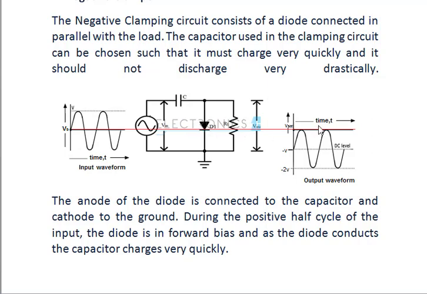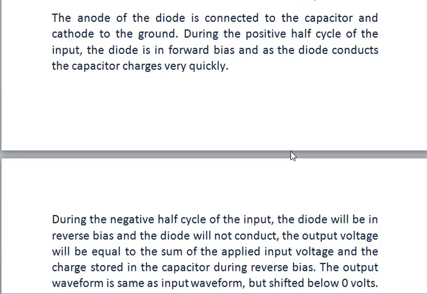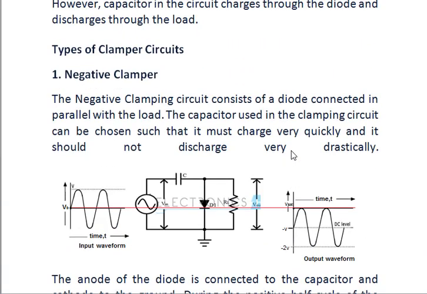The output is shifted below, to this voltage, minus V. So initially it was here, now it is shifted down. This type of clamper is known as a negative clamper.